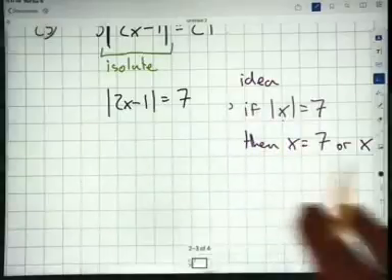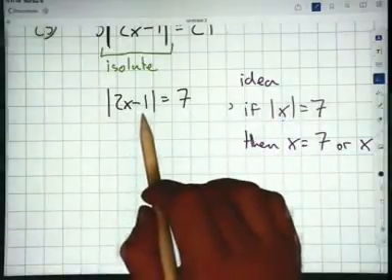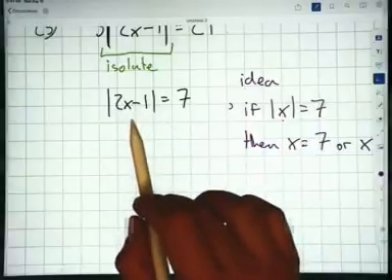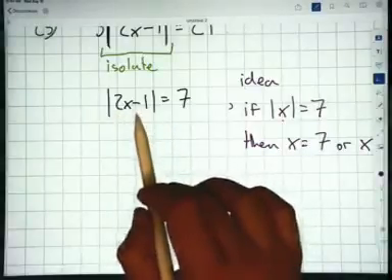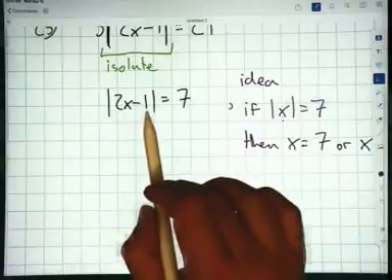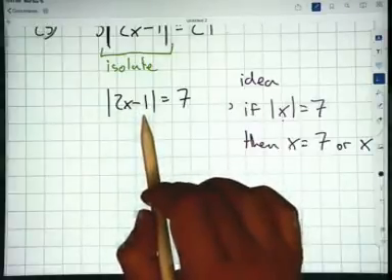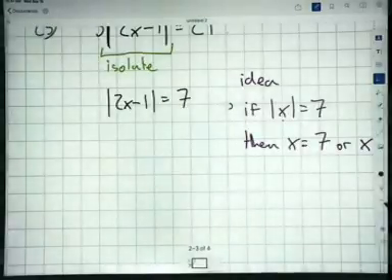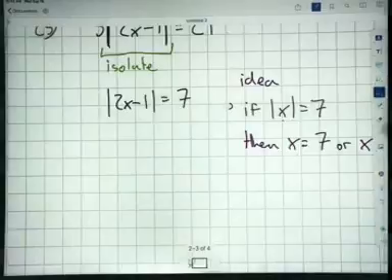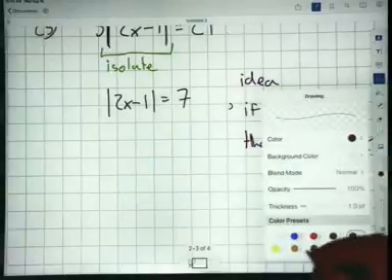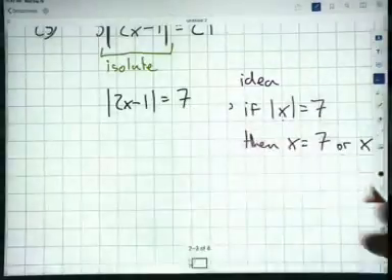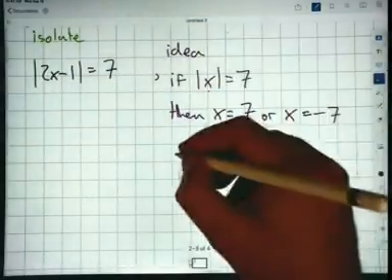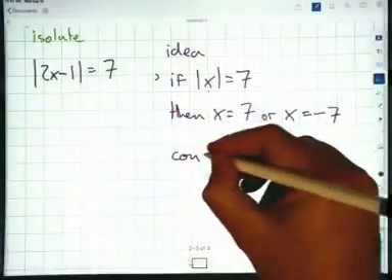So the same thing is going to apply here. The inside, 2x minus 1, could be equal to +7, or it could be equal to -7. So the conclusion is this.